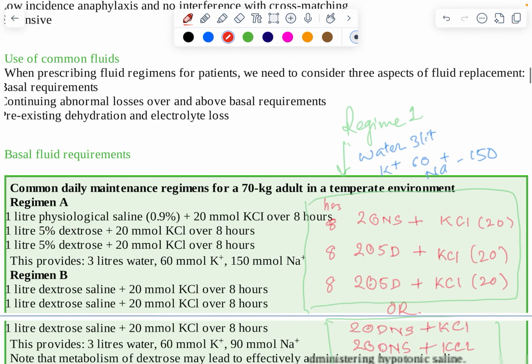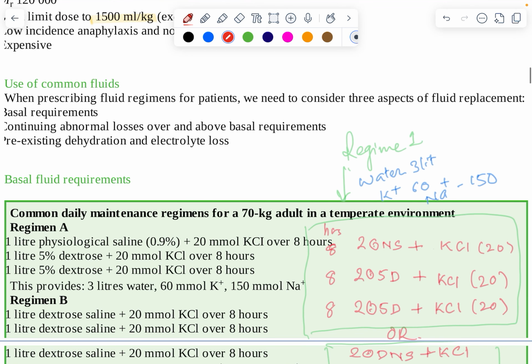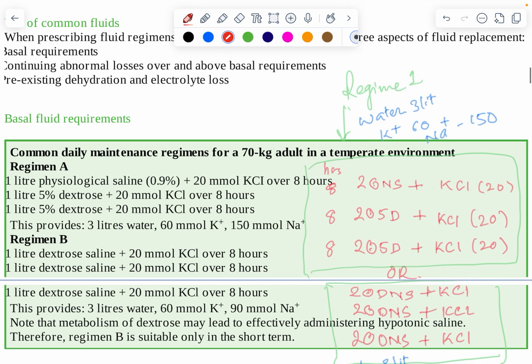This is the basic requirement. For a 70 kg adult man, the basal requirement is 1 liter of physiological saline over 8 hours. You add 20 of potassium for the first 8 hours.